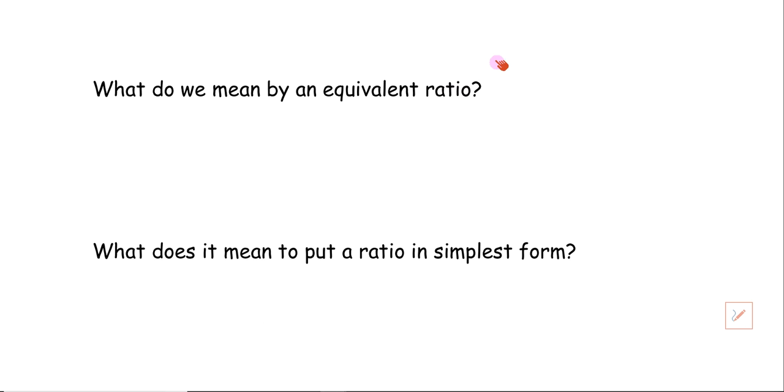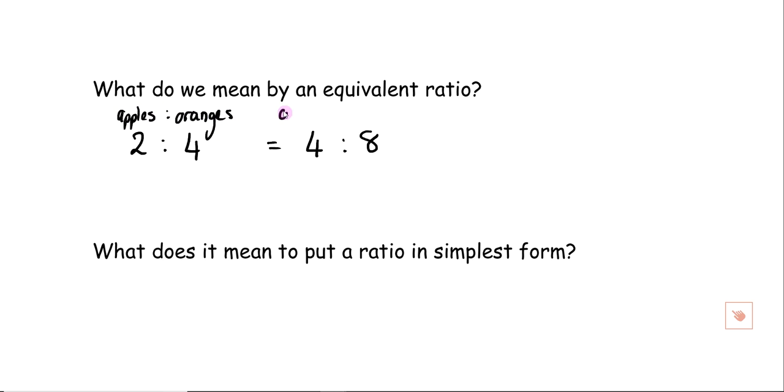What do we mean by an equivalent ratio, Jai? A ratio that is equal. Example, 2 to 4 is equal to 4 to 8. Okay? So ones that would mean the same thing. Does that mean the same thing? Yeah. But if I say apples to oranges again, I've got 2 to 4.